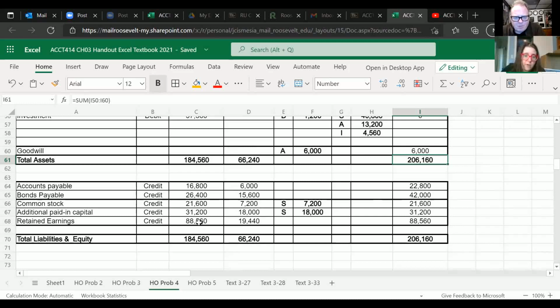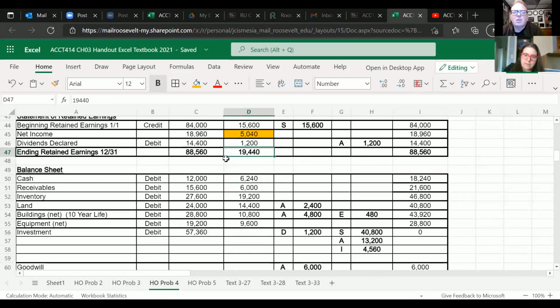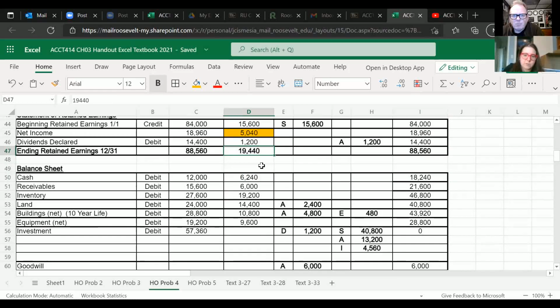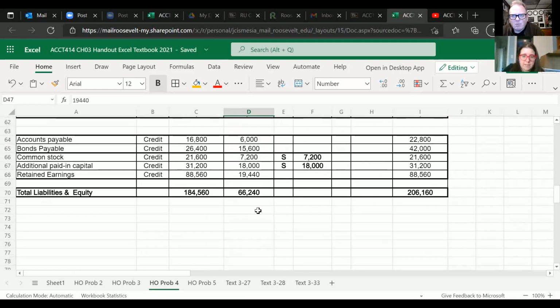And then down here we have the retained earnings, and this is also just the Amy column because the 9,400 is on the retained earnings. That was the line under here. So we've already taken those out, so that's why that's not there.